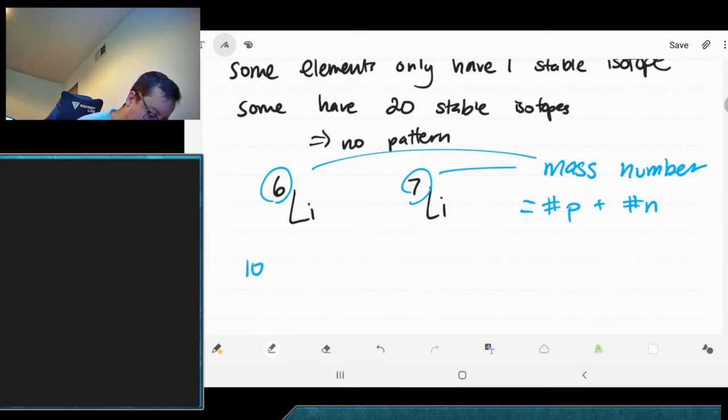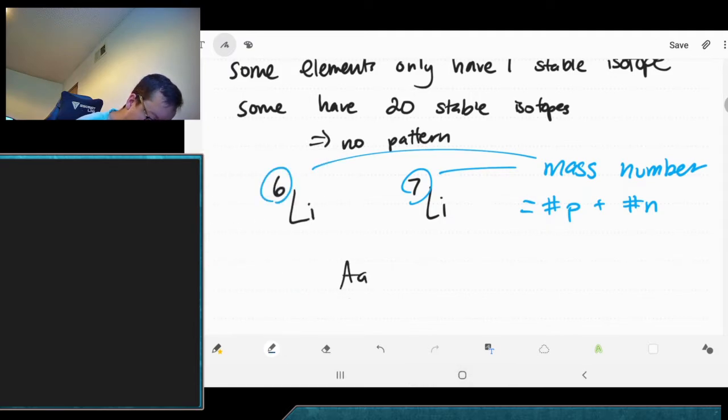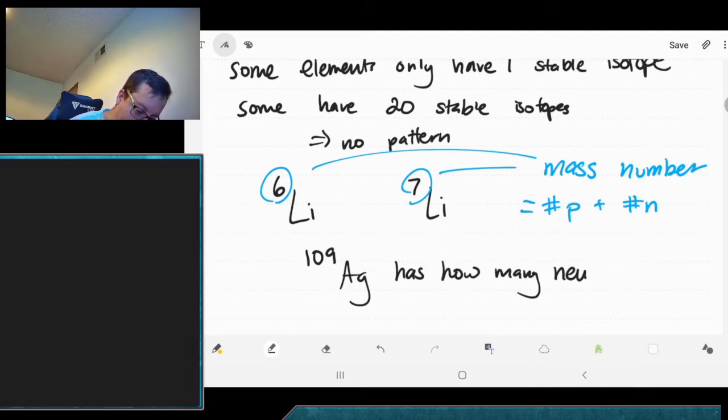So if we have that silver isotope, it was 109 and 107, right? We can ask ourselves now, okay, well, I've got this silver 109, and I can say, how many neutrons does this thing have?